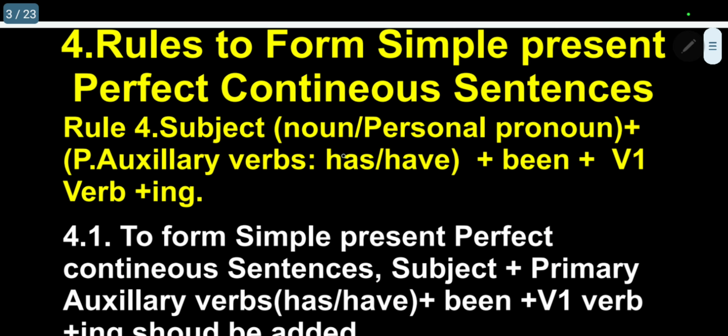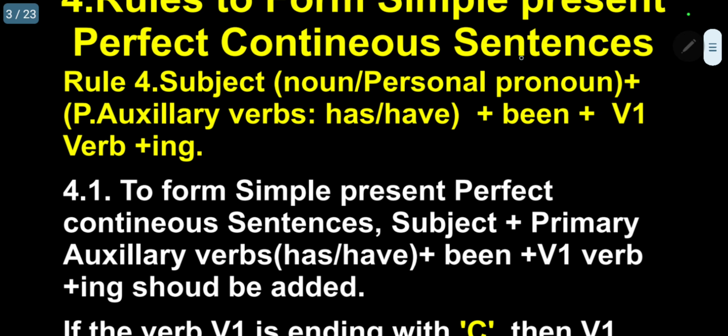The general rule, kindly see here, I am giving it as sentence 4, rule 1. The subject is a must. The subject, as I have already informed you, may be a noun or a personal pronoun.